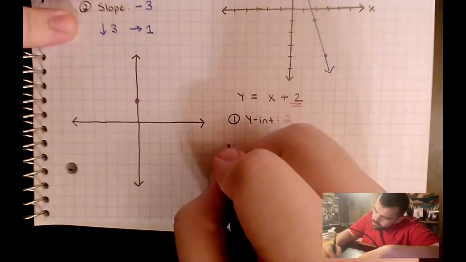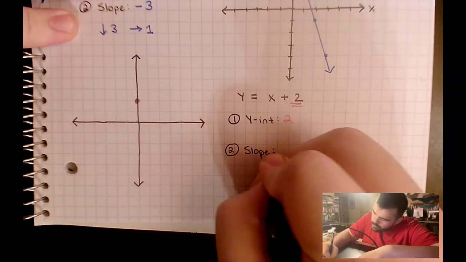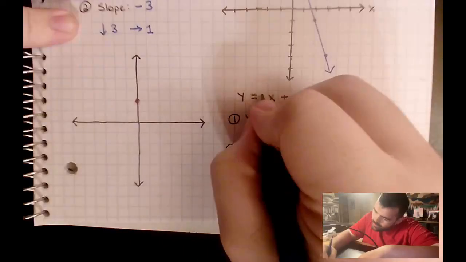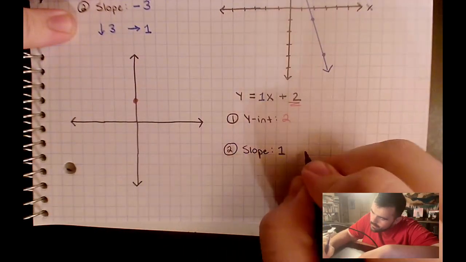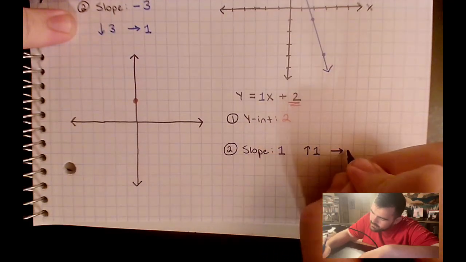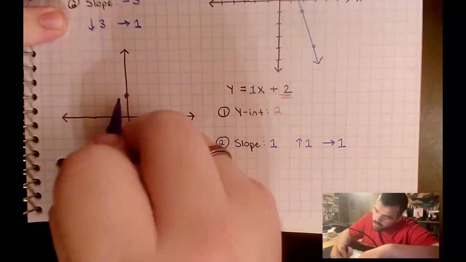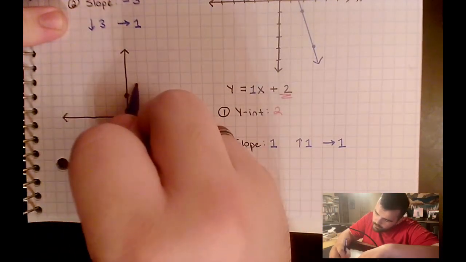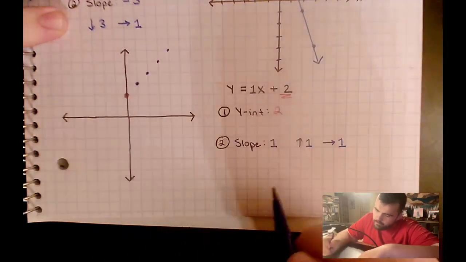So the slope, my step 2, the slope is 1, which is going to tell me to go up 1 step for every 1 step to the right. Up 1 and right 1. So go up 1 and right 1, and do it again, and again, and again.